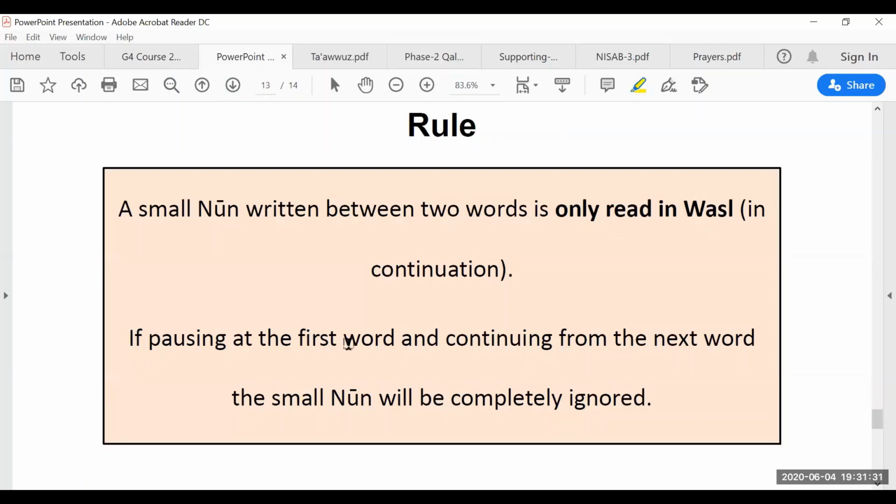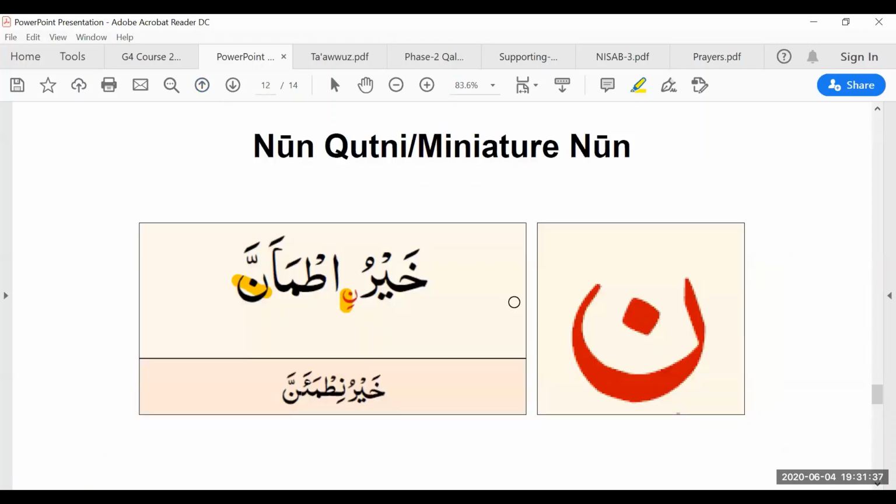However, if we are pausing at the first word and continuing from the next word, the small noon will be completely ignored. As in this example, because we were reading in wasl, we took this mini noon into account. However, if I stop at the first word, khair, and then start from the next word, I'm not going to pronounce this noon.